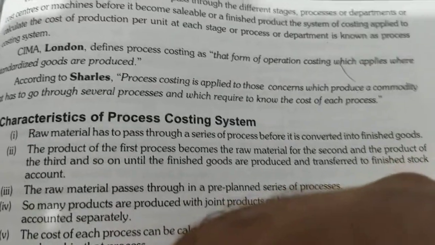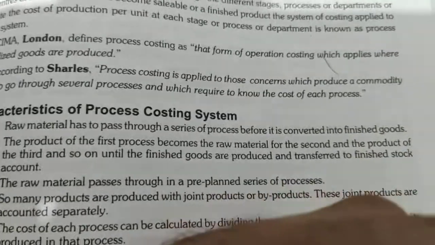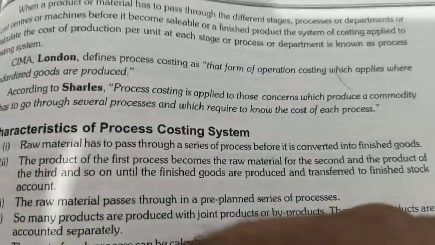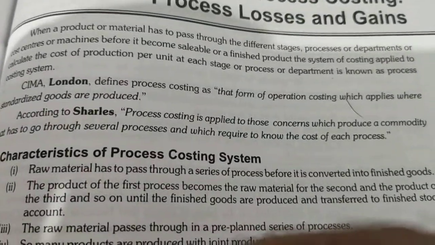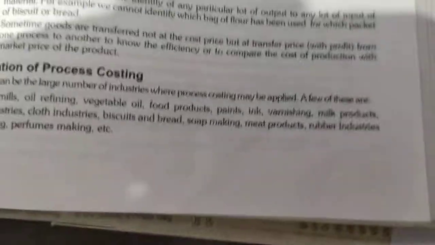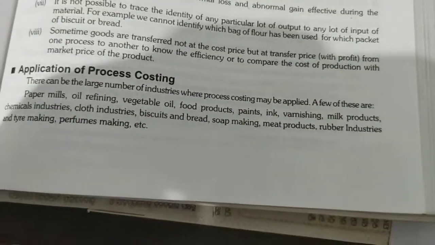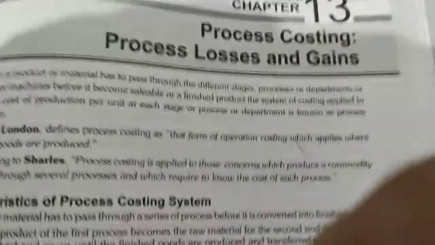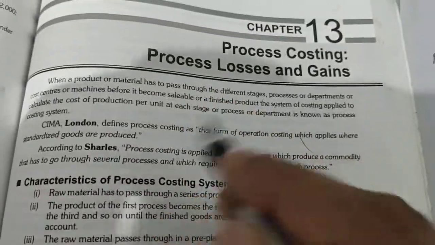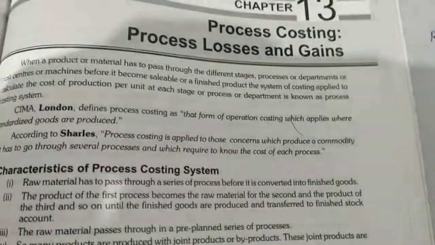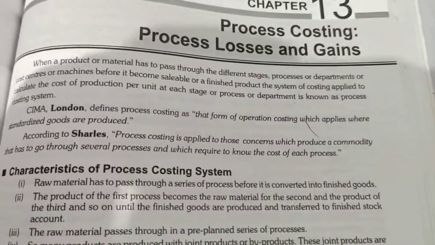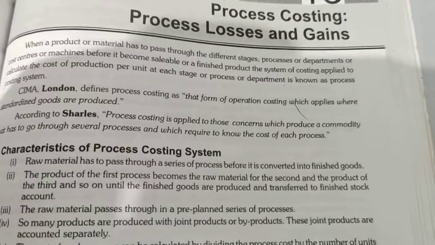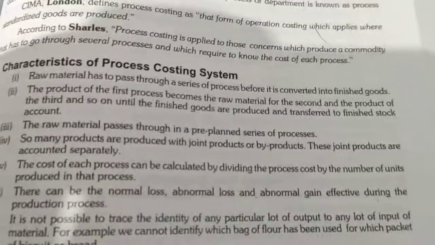In job costing we have to prepare the product as per the customer specification. There is no standardized thing. But in standardized or manufacturing organizations, where one standard is followed for the production activity, in that case we have to follow process costing.